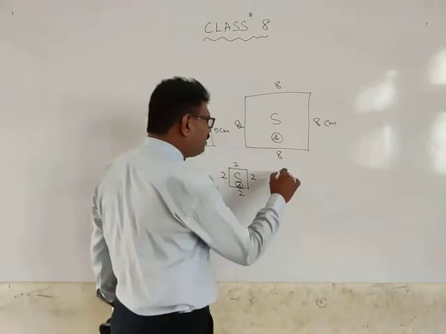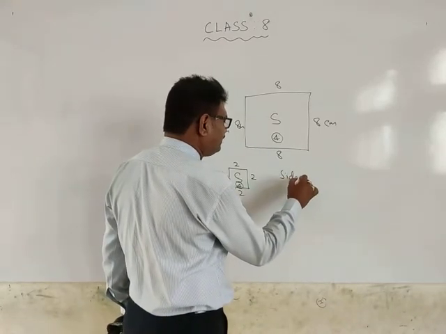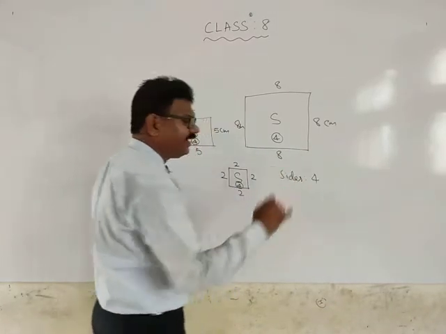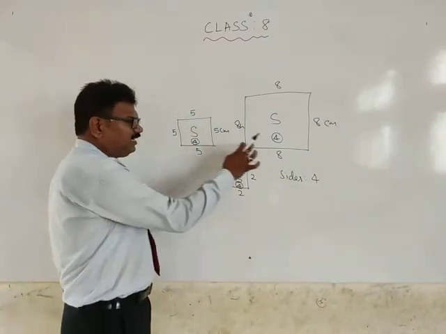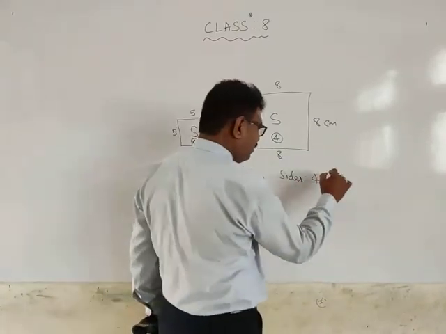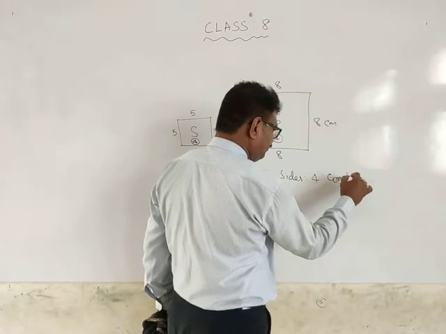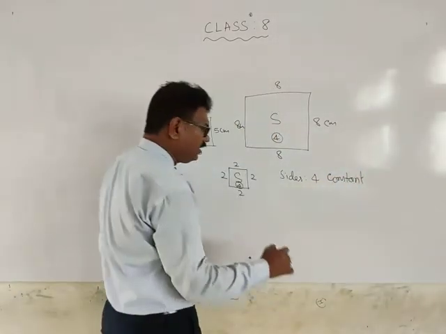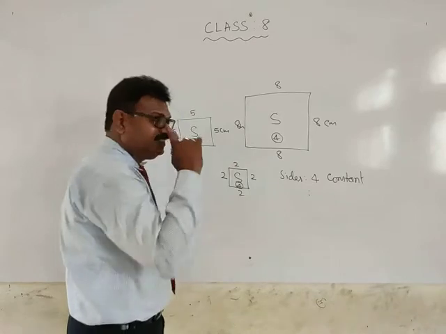Now, how many sides will there be? 4 sides. So here also 4, here also 4, here also 4. Therefore, it is a constant. Now, what is changing here?